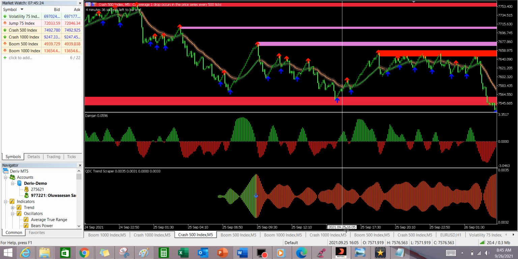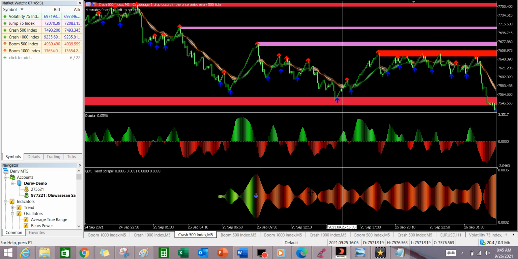So you should also get used to seeing reds before it will start turning to blue. Just make sure you are sure of the trend, you are sure of your support and resistance level, which will help you to know your entry point and your exit point. Then once you are able to achieve this, then you are good. You don't need to be scared again.